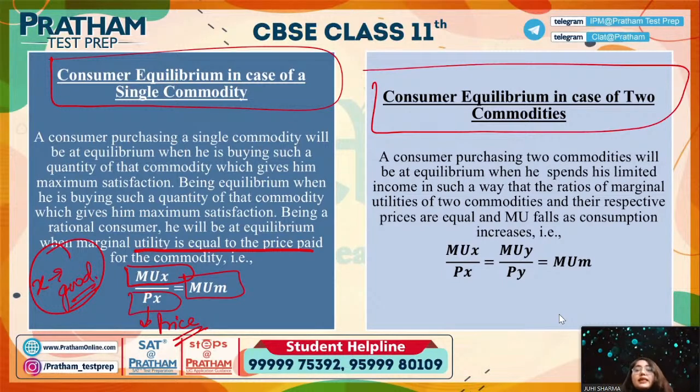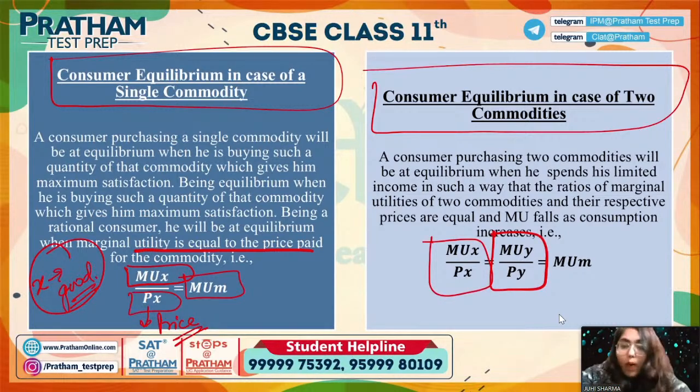So in this case consumer equilibrium में कब होगा? Consumer equilibrium में होगा in a two commodity case जब आपका marginal utility from X divided by price of X, that should be equal to marginal utility of Y divided by the price of Y, and that in total should be equal to the marginal utility of money.